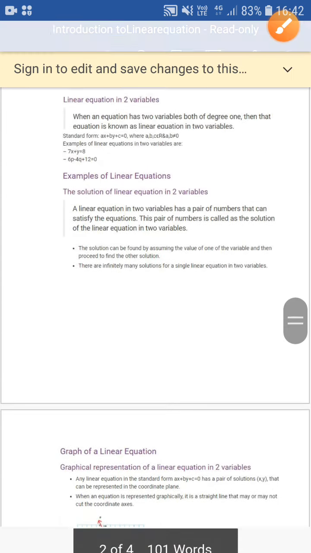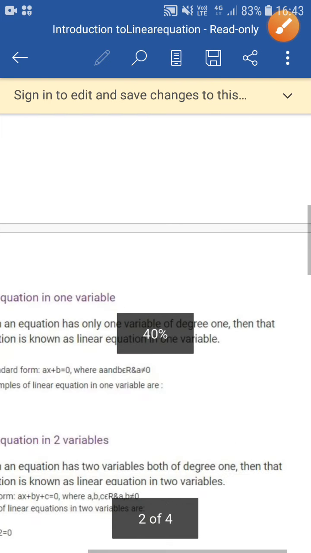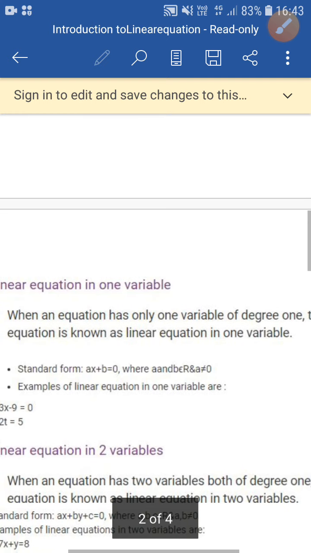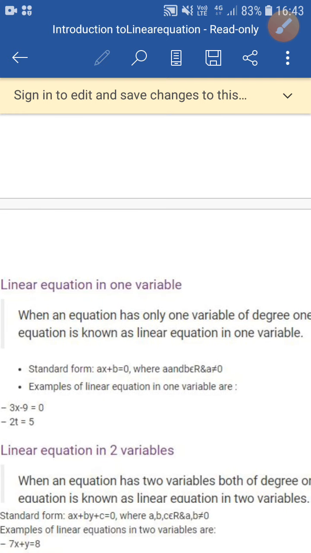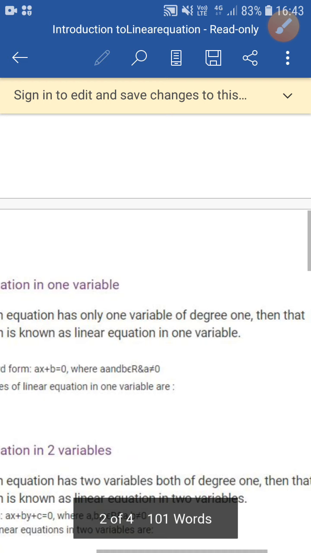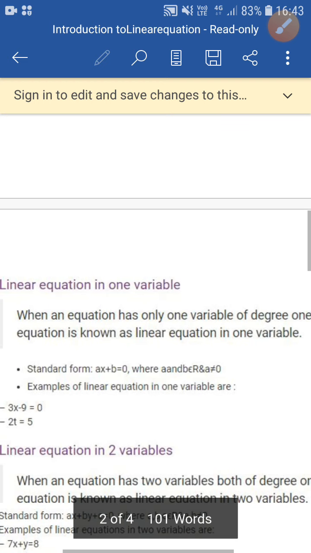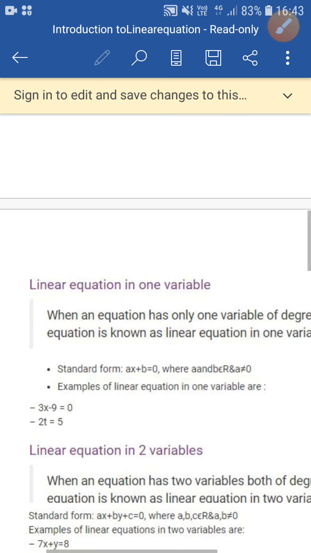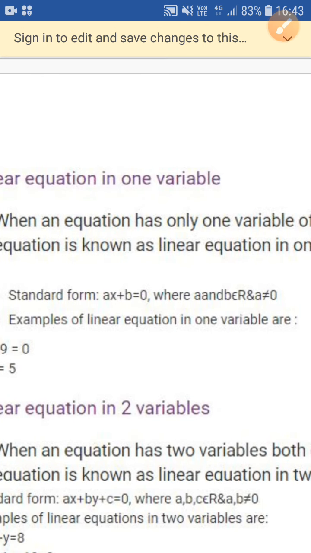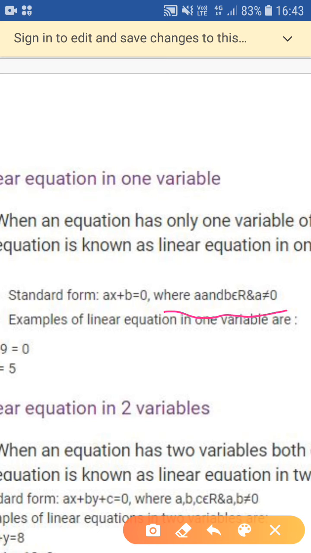Moving on. In the previous classes we have studied linear equations in one variable. We know that when an equation has only one variable of degree 1, then that equation is known as a linear equation in one variable. You have studied in earlier classes that the standard form is ax plus b equals 0, where a and b belong to real numbers and a, the coefficient of x, should not be equal to 0.